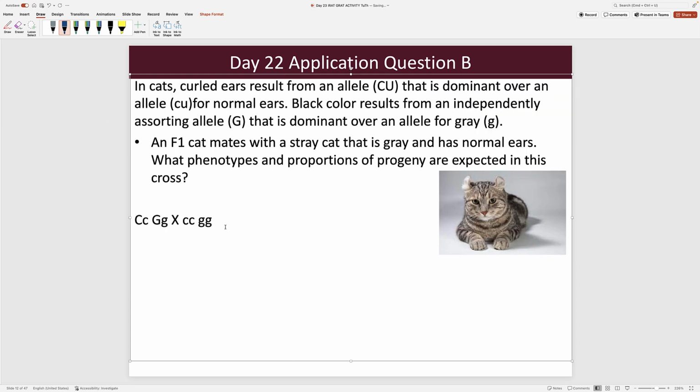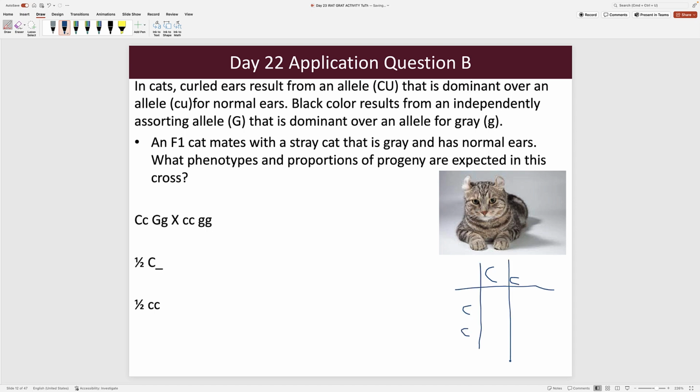So again, we're going to use a forked branch method to solve this problem. First, if you take a big C times a little c, you know that 1/2 of them will be big C phenotype, or have curled ears, right? And 1/2 of them will be little c phenotype, that is the normal ears. And to show you how we know that, it's just that simple Punnett square we could do over here, where you do big C, little c, and you just combine the alleles.